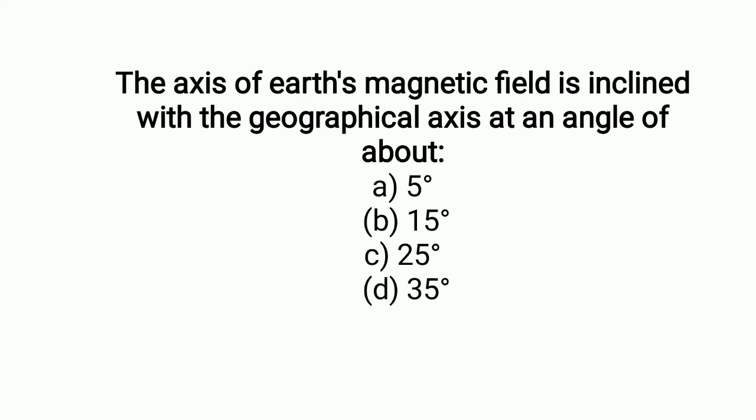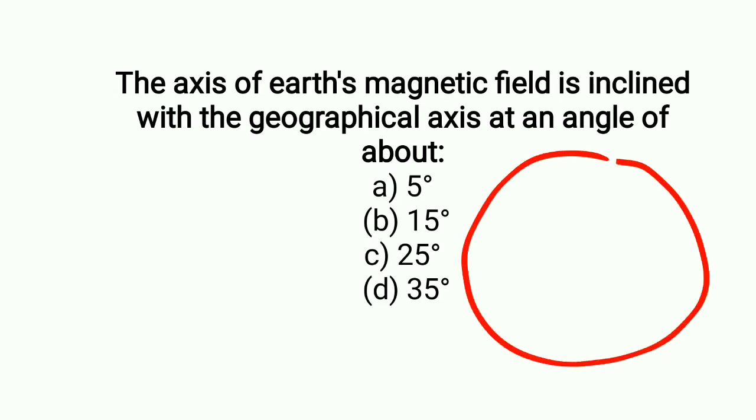The axis of Earth's magnetic field is inclined with the geographical axis at an angle of about 5 degree, 15 degree, 25 degree, 35 degree. So here we have Earth.